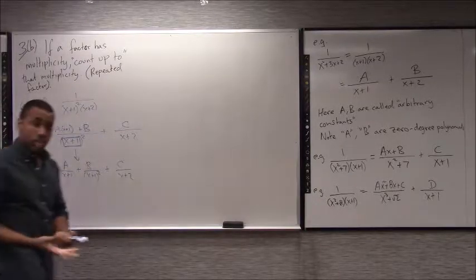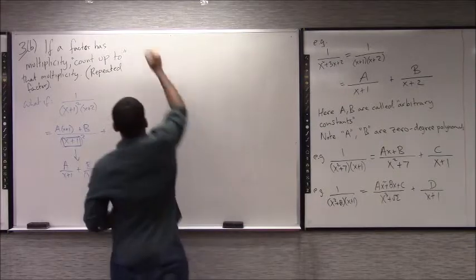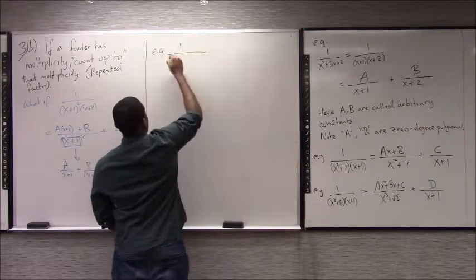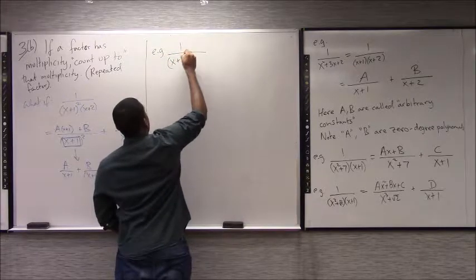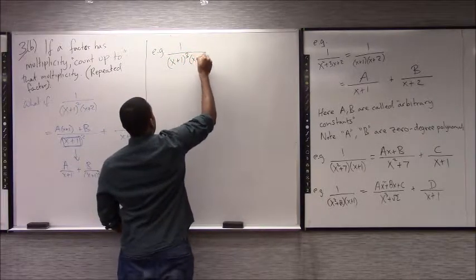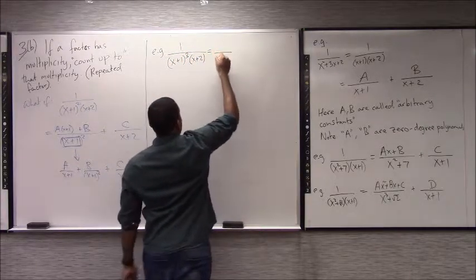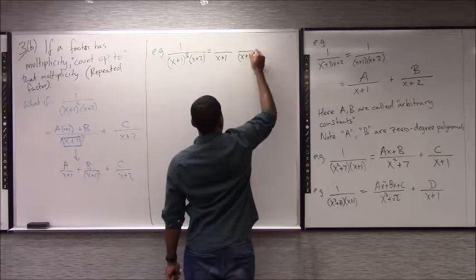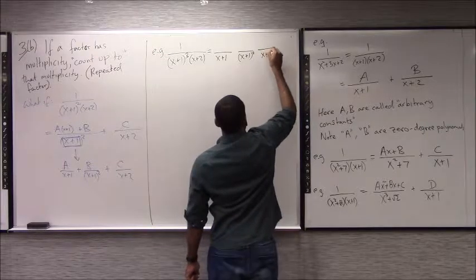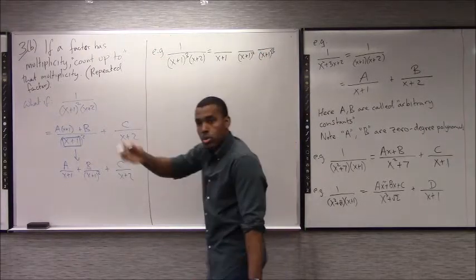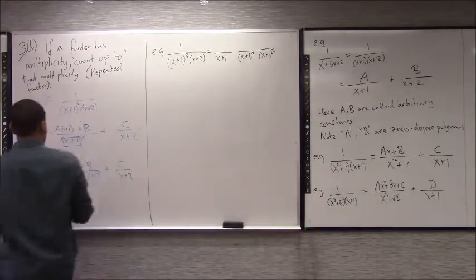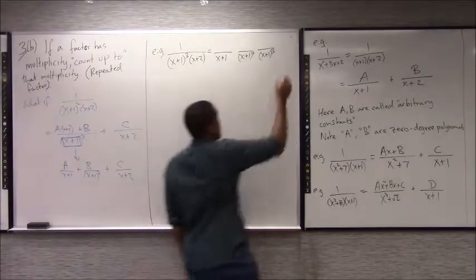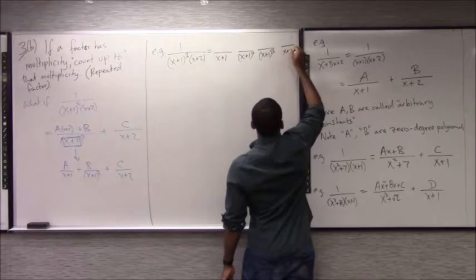So let's say if this were something like, so example, let's say I had 1 over x plus 1 cubed times x plus 2. How I would break that down is into x plus 1, x plus 1 squared, x plus 1 cubed. Right? I'm literally going to count up till I hit that power, because this sort of thing will happen. Right? It'll always happen like that. And then I put it over the x plus 2.